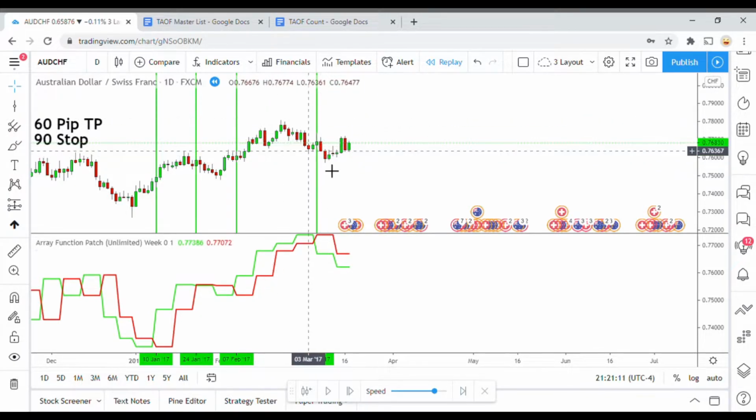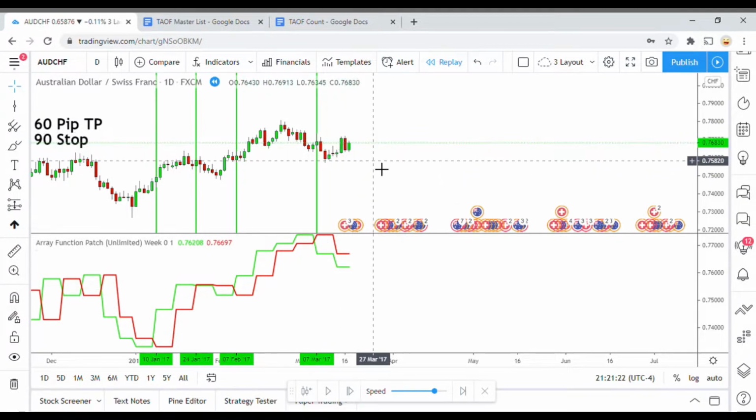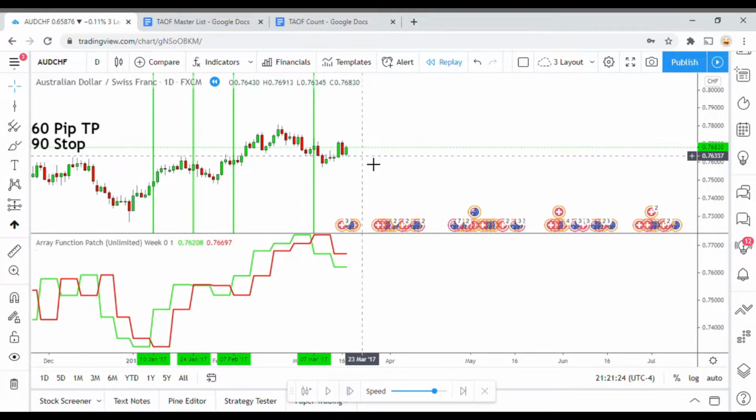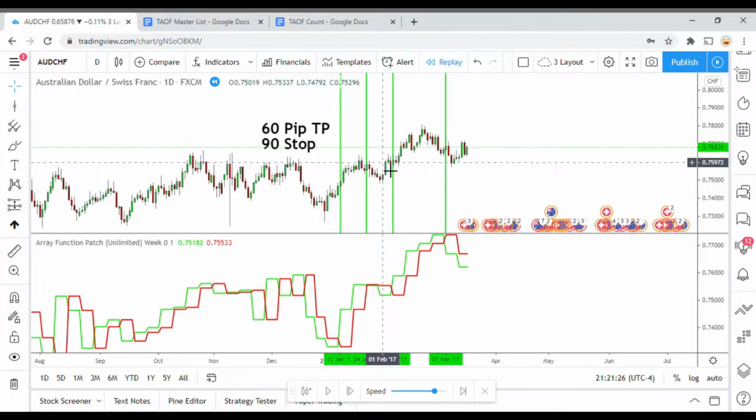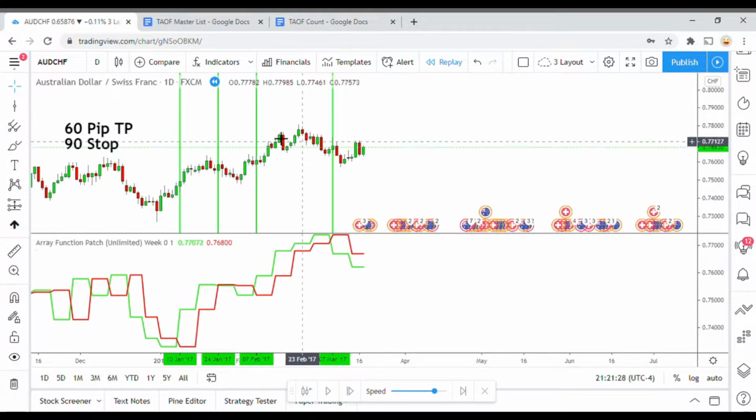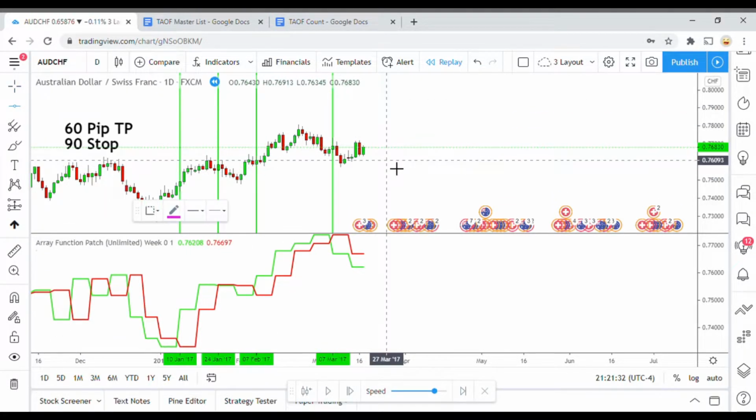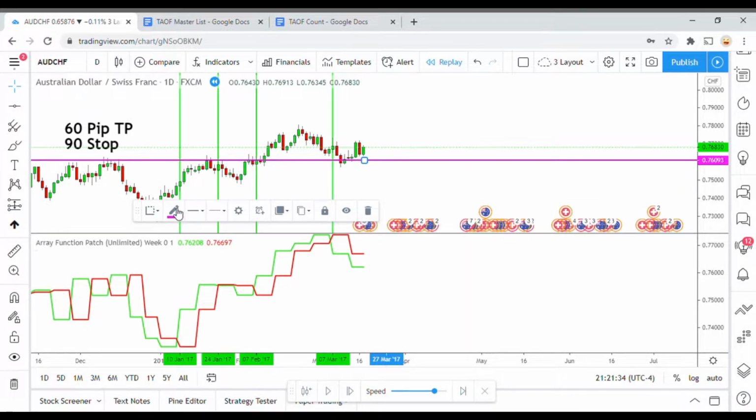It did pull down, have a decent little pullback right here, little downward movement. It started doing this, which is a little unclear as to which way it wants to go. That's definitely giving us a sign that it's trying to bounce off this kind of level right here.